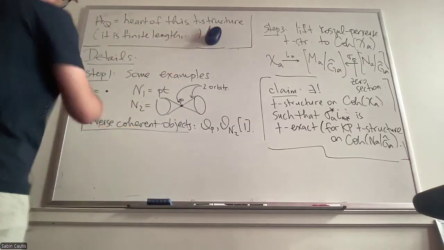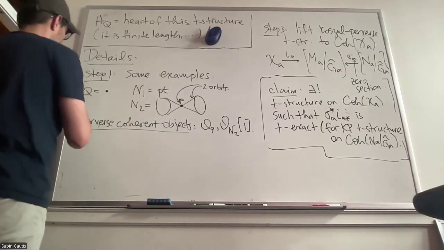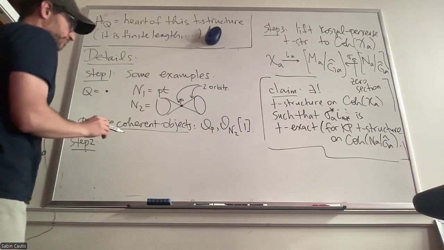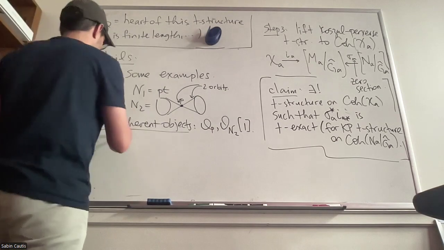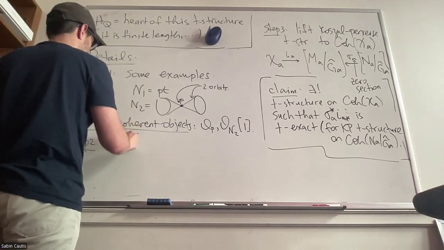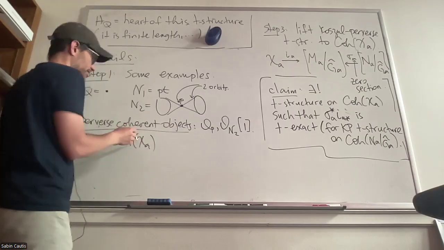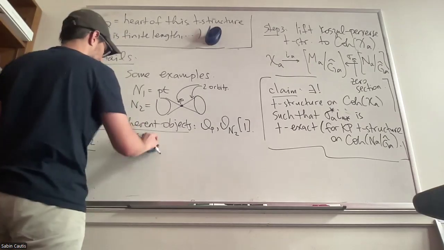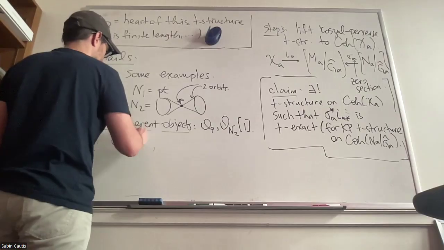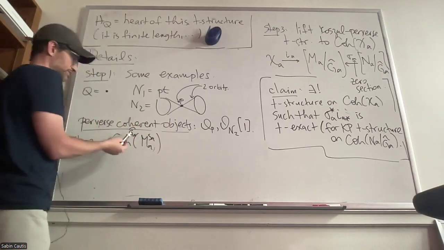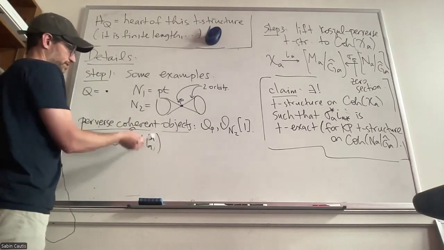Okay, so that's a rough recap of the first step. The second step is, as I said, fairly elementary. What's the idea? This category is GOA equivariant, right? In particular, there's the loop C star in here, which acts trivially.